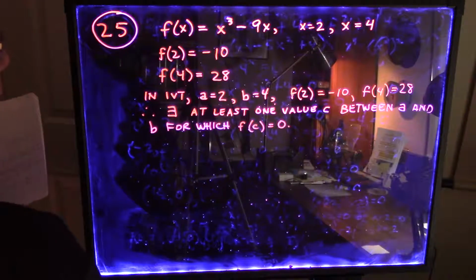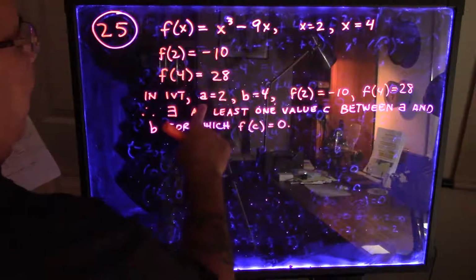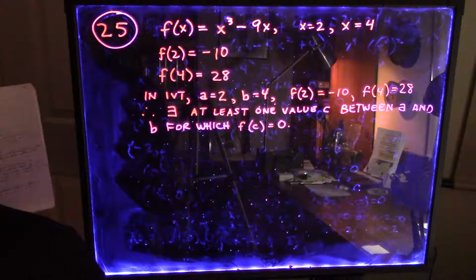So the IVT guarantees at least one value c between a, which is 2, and b, which is 4, for which f of c equals 0.